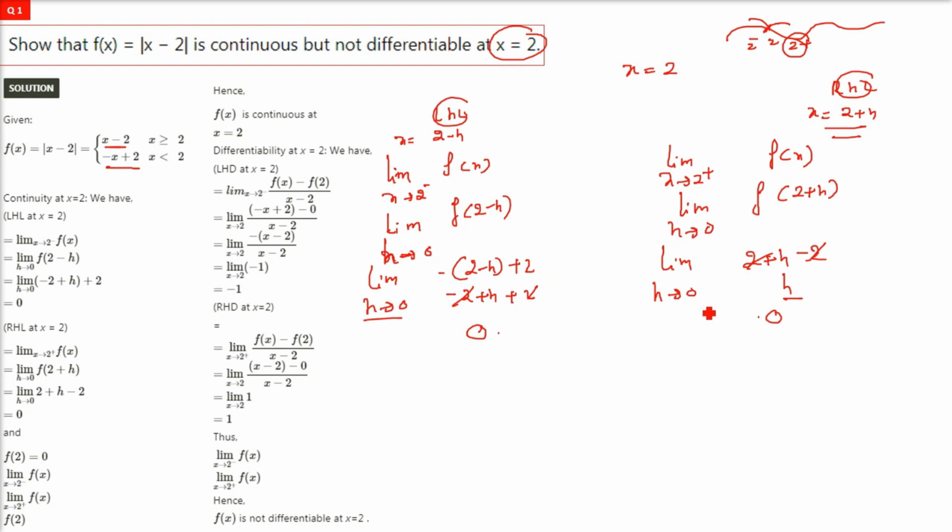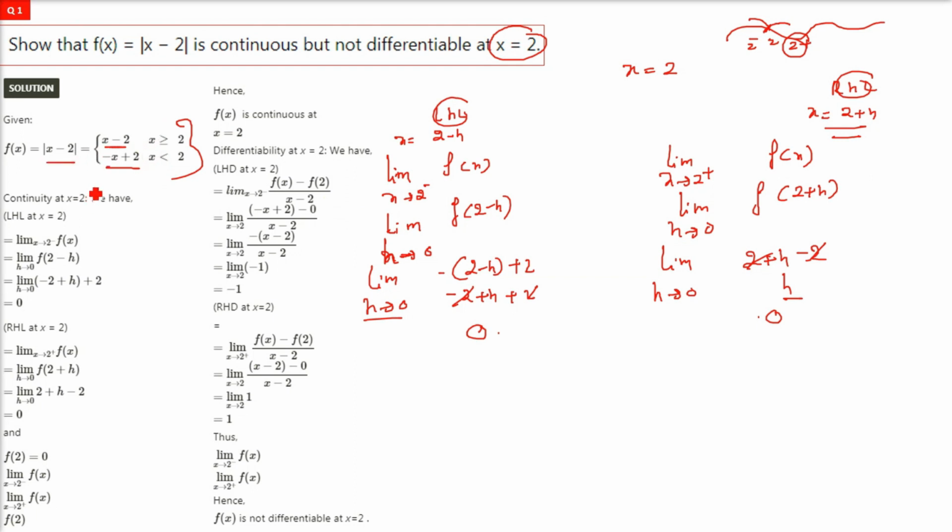If the function is not continuous, it may be differentiable, it may not be differentiable. This will remain what I told you in the earlier discussion. Mod x minus 2 is independent of other things.